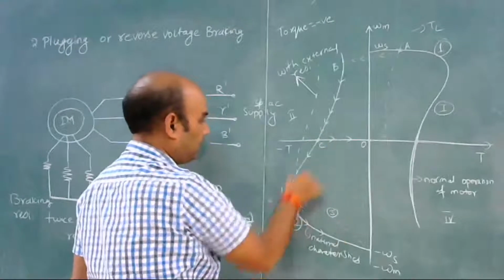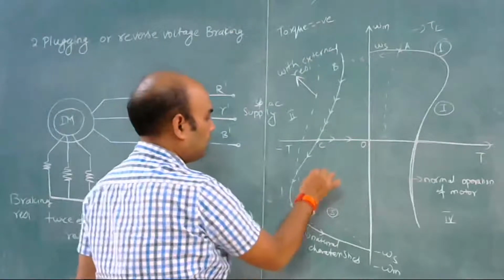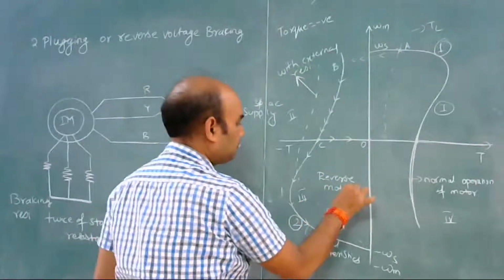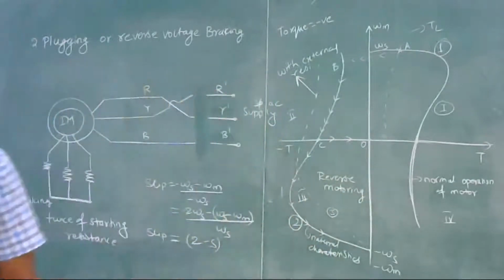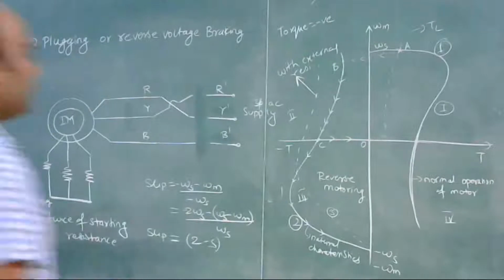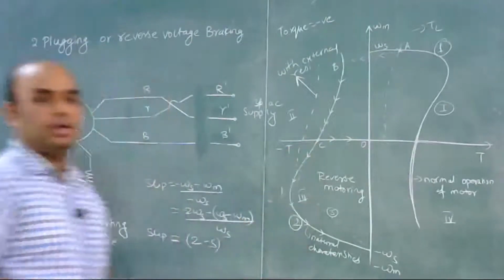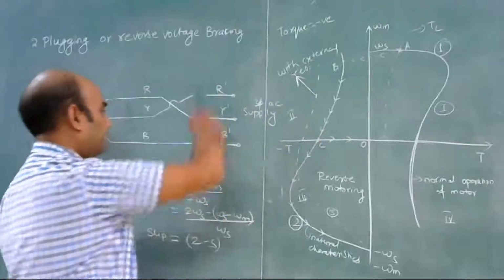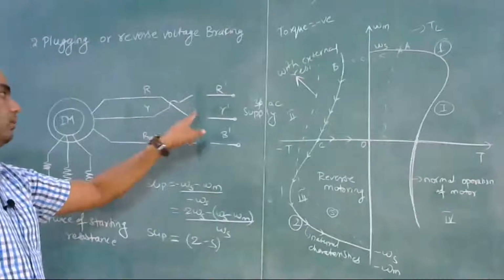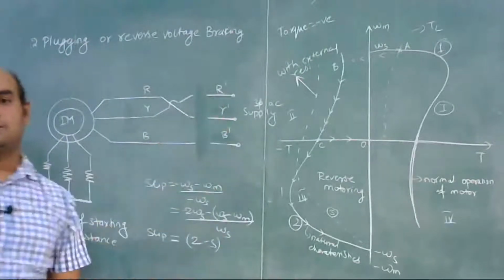And it will enter the third quadrant, which is reverse motoring. So we use a device which detects zero speed and automatically disconnects the three motor terminals connected to the supply side.